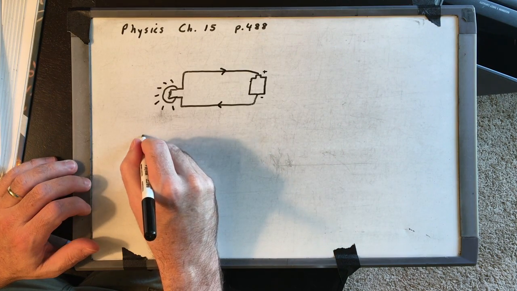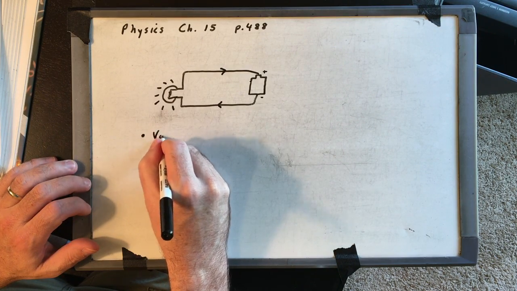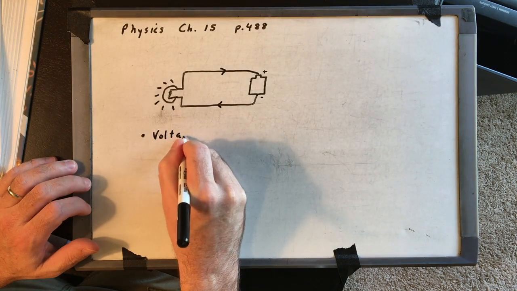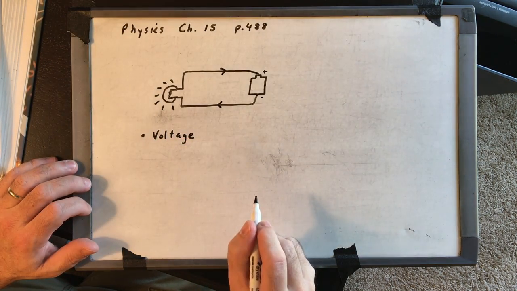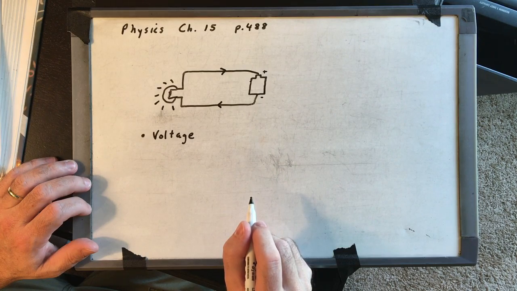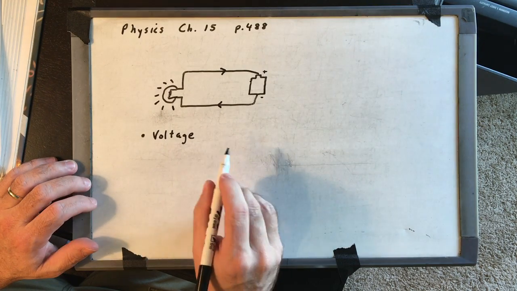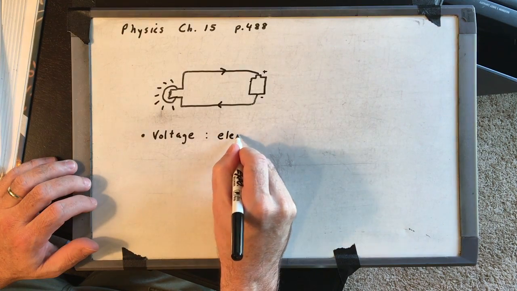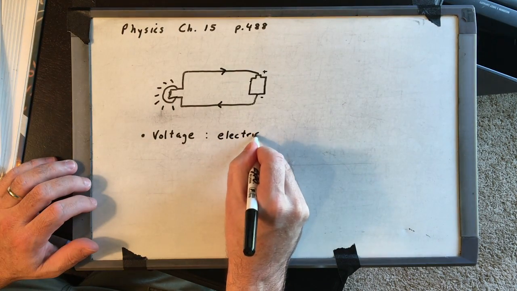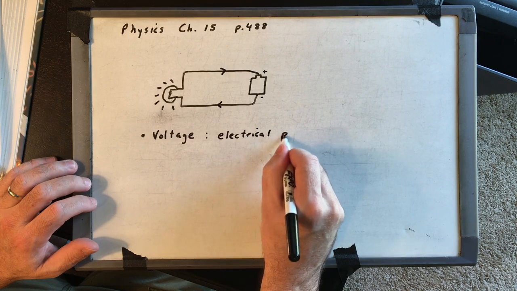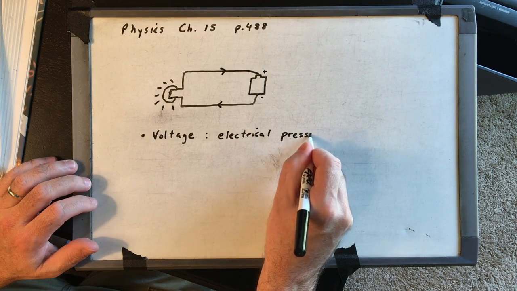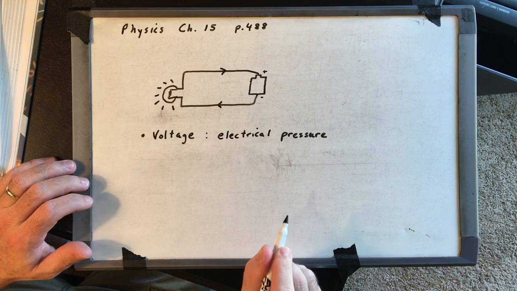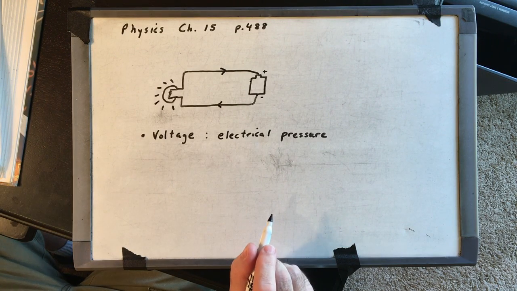So our first bullet is about voltage. Okay, we studied voltage in chapter 14 a great deal, and what I want you to think of as voltage in this chapter, just think of it as electrical pressure. So it influences how much work can be done, all right?